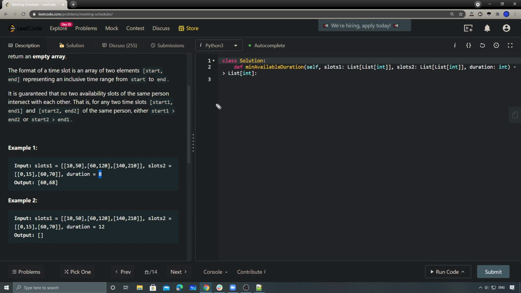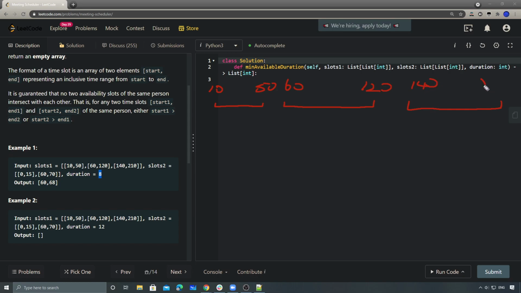So we have 10 to 50, and then we have 60 to 120, and then we have 140 to 210. Below we have 0 to 15, and then the next one is 60 to 70.